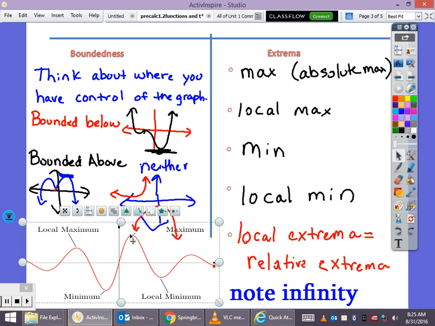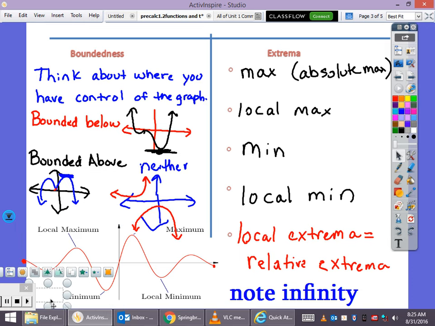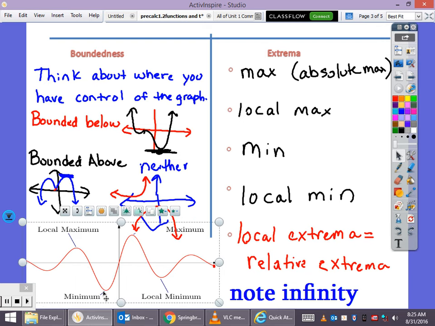The highest point would be my maximum. This is the minimum because it's the lowest point for the entire graph. This is a local minimum because it's a low spot on the graph. It's just not the lowest.